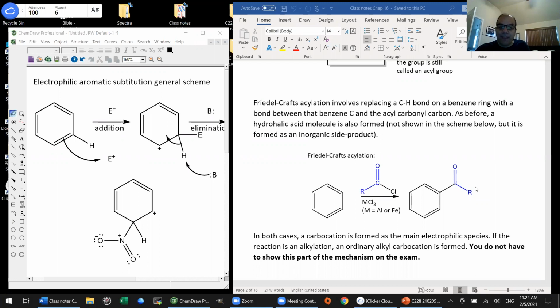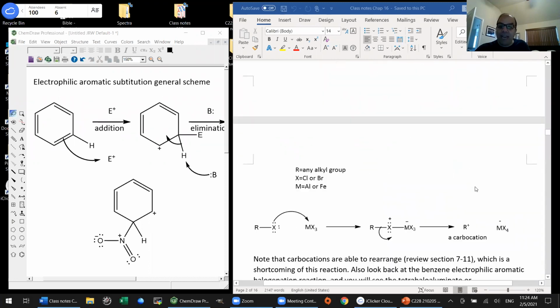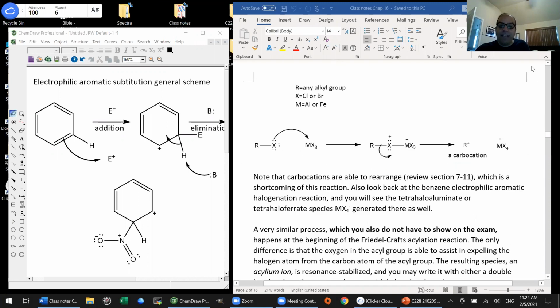So in both cases, you get a carbocation. And again, I was really clear in the notes about what you need to put. But the way it happens from an alkyl halide, regardless of what R is, is pretty similar to what we saw with forming, let's say, the reactive species with halogenation.